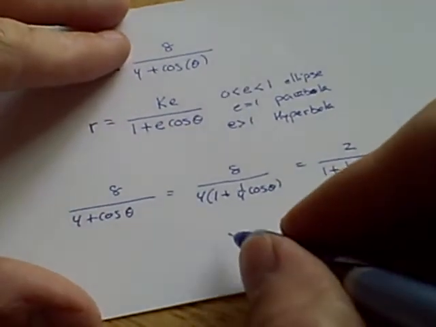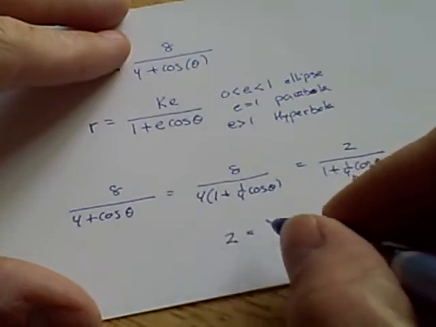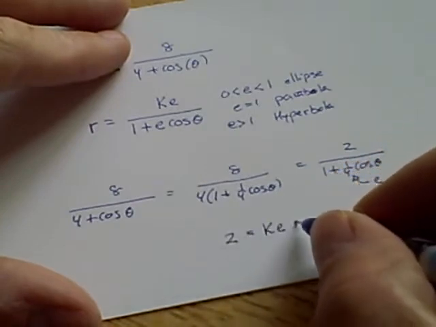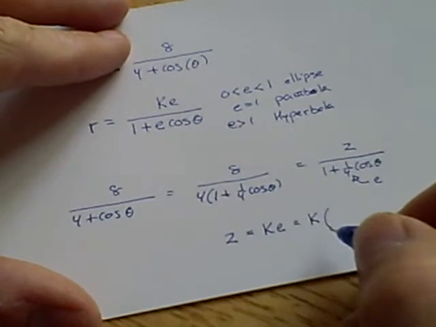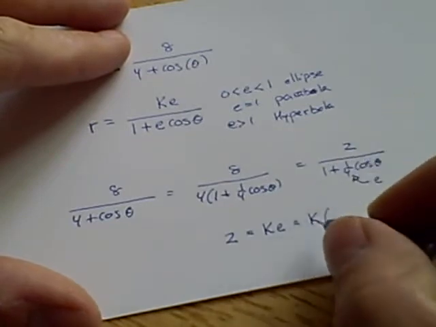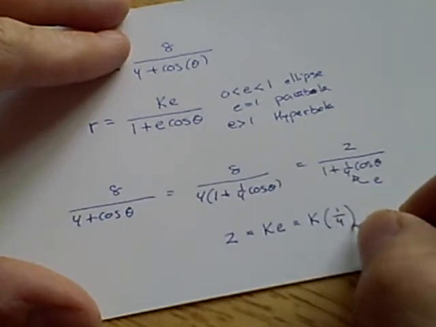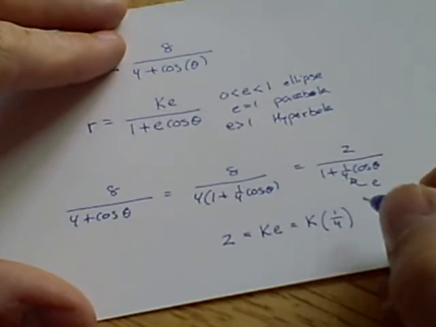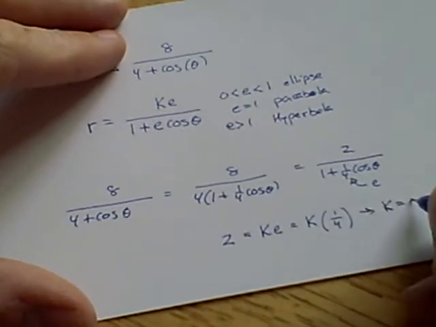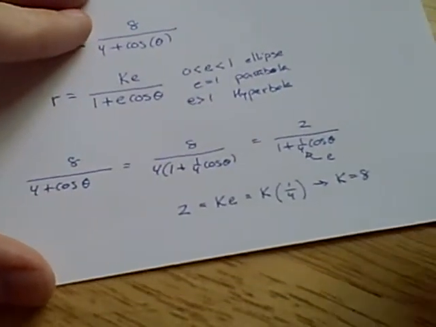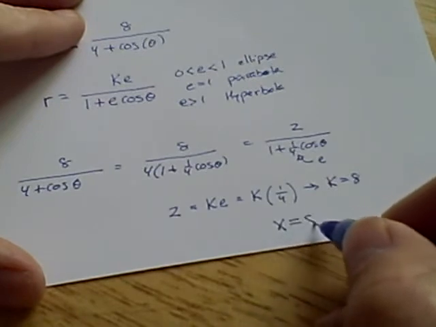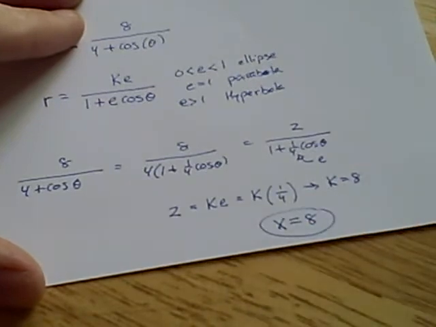If that's the case, then 2 must equal k times e, and we don't know what k is for the moment. I mean, it's the directrix, but we don't know what the value is. K times 1/4, so 1/4 of k equals 2, means that k equals 8. So our directrix will be x equals 8.